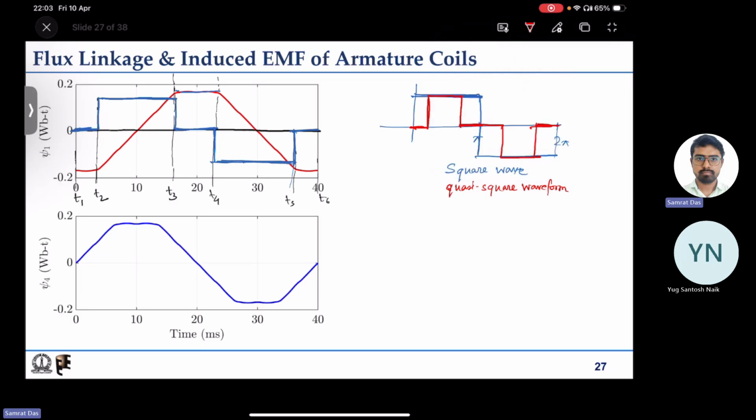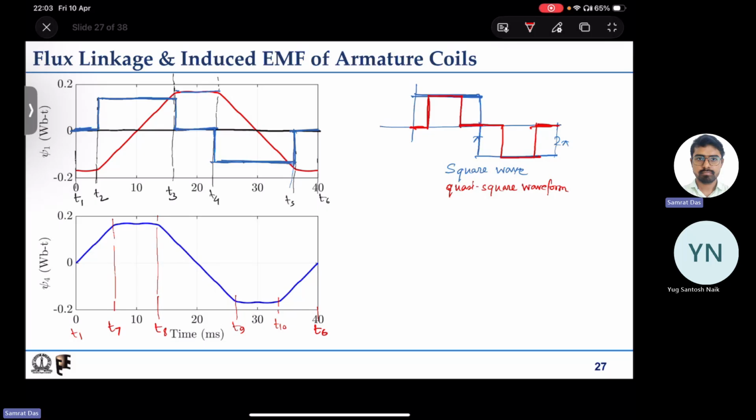Next, if I try to do the same thing for psi 4, then 0 to this is one instant, say this is again T1, then I have to use T7, T8, T9, T10, and this is the same as T6.